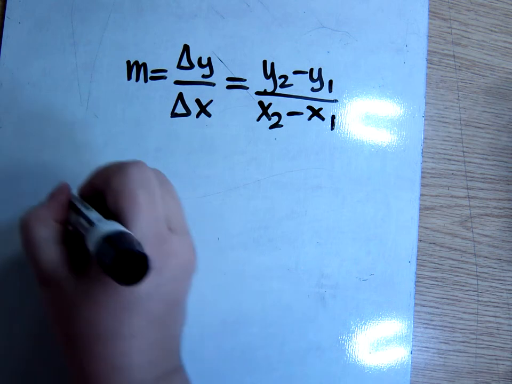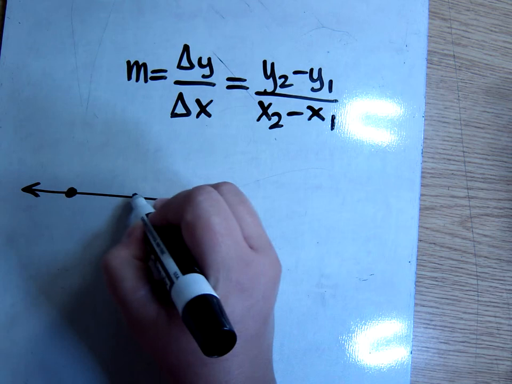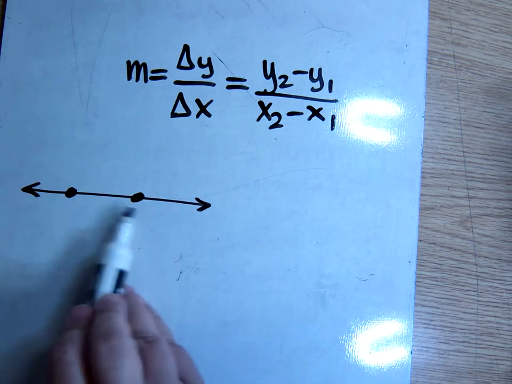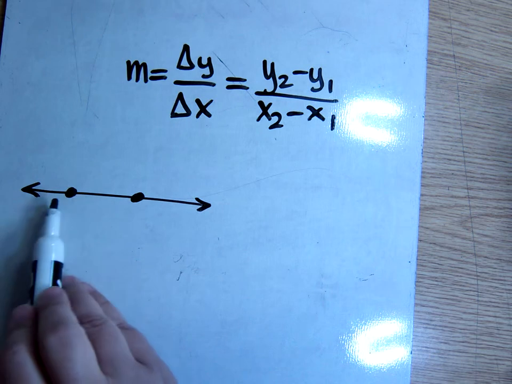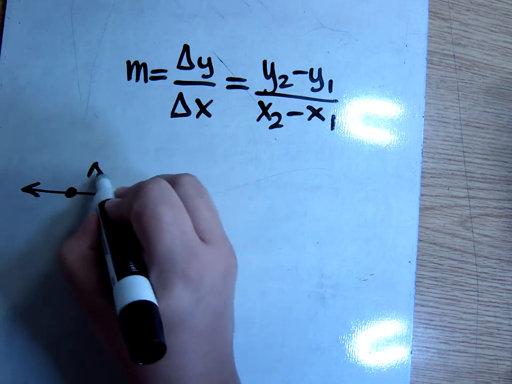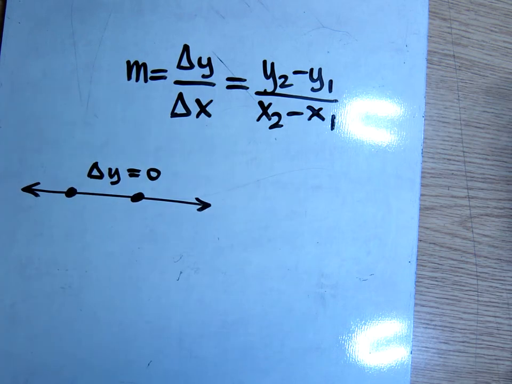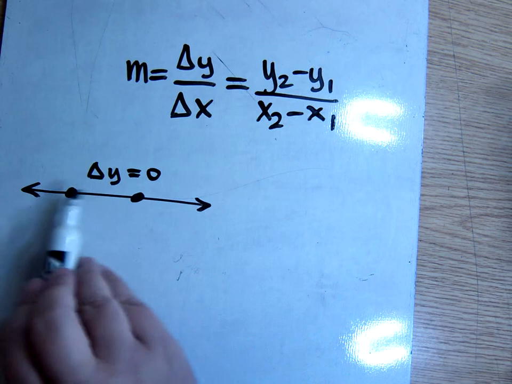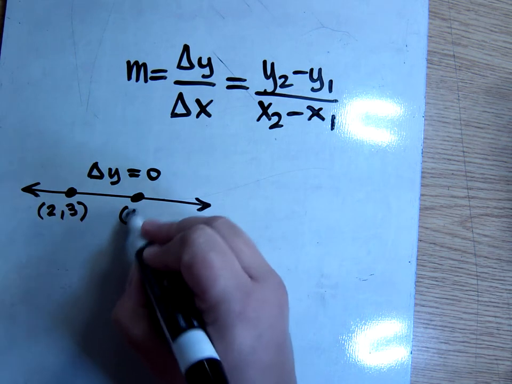Okay, a horizontal line, any 2 points on here, I'm moving left and right to go between them, which means the x changes, but the y does not. So the change in y here is totally 0. There's no change in y. If I picked 2 points and subtracted, they would have the same y value, like maybe (2, 3) and (6, 3).